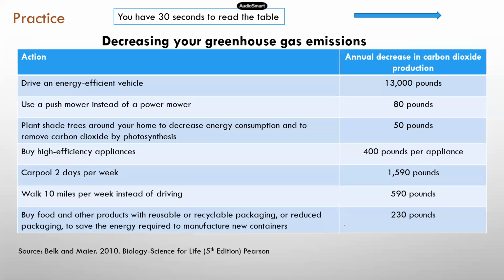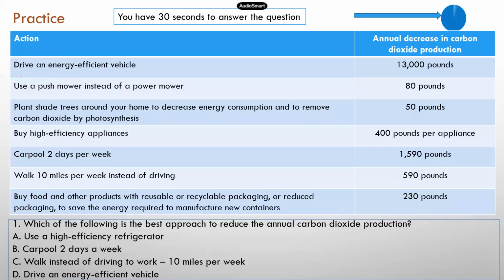All right, this is about ways that you can decrease your greenhouse gas emissions. And these are the specific actions, and that's the annual decrease in carbon dioxide production if you adopt any of those actions. All right, now let's look at the first question.